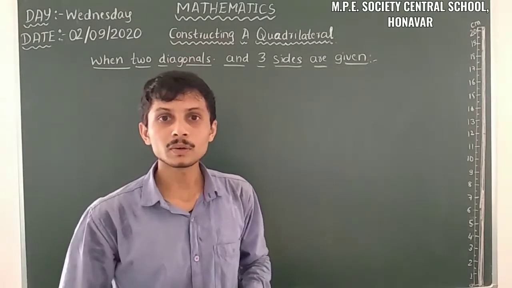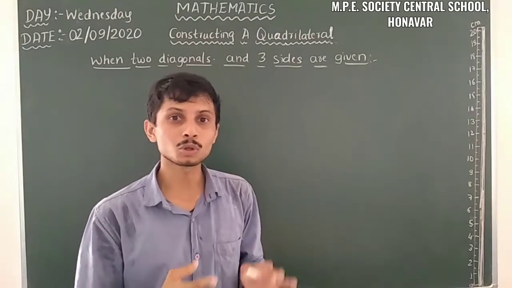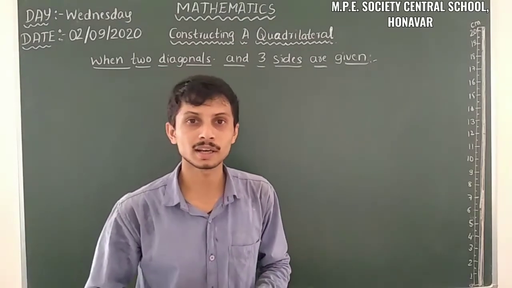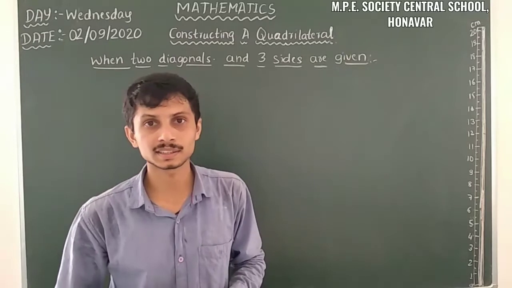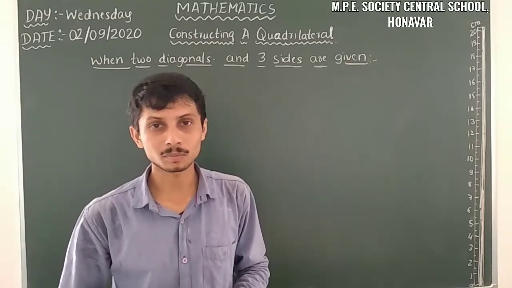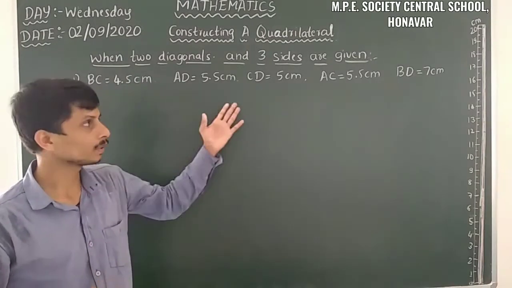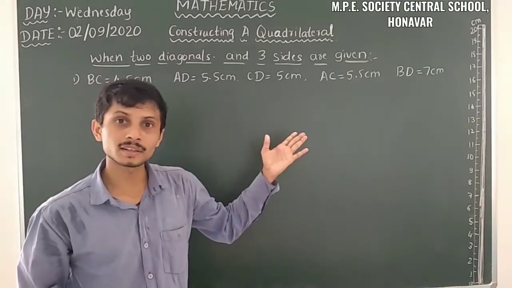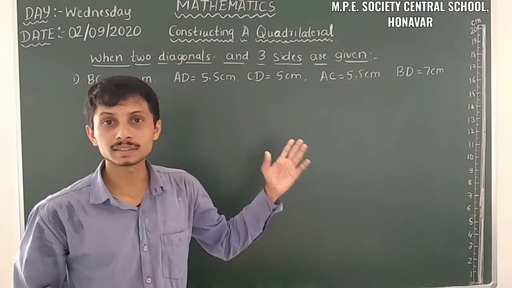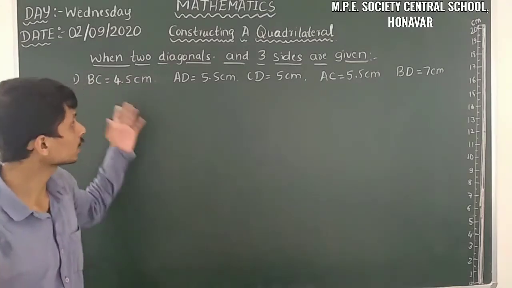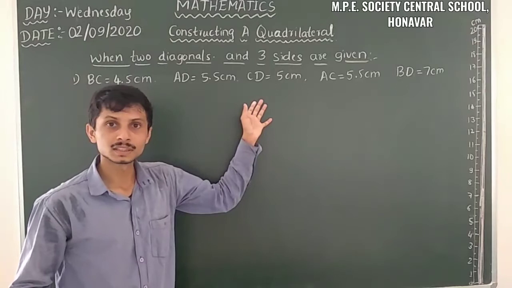Here we discuss the procedure to construct this quadrilateral when two diagonals and three sides are given, by taking some examples. Observe this example: it is a quadrilateral ABCD.